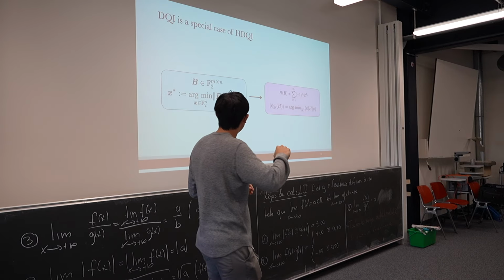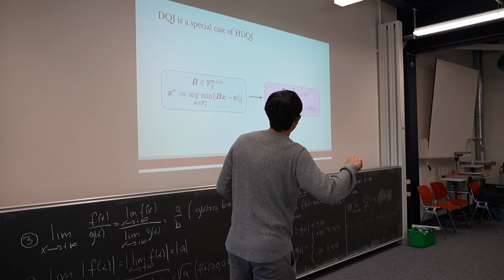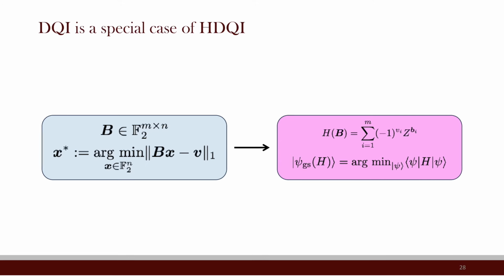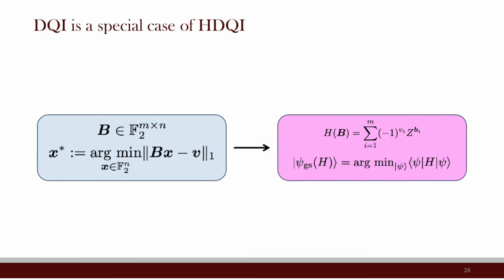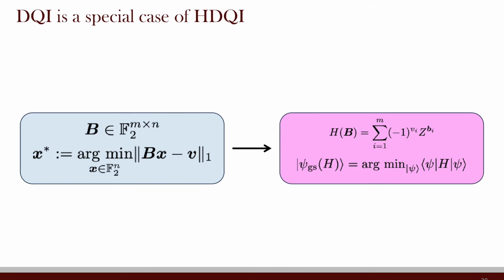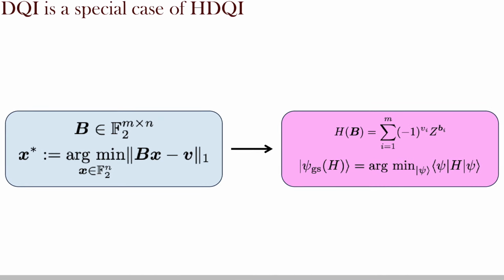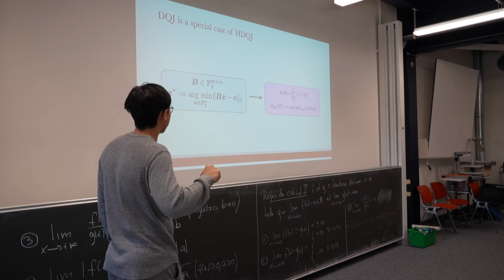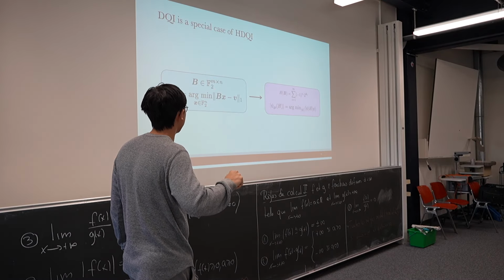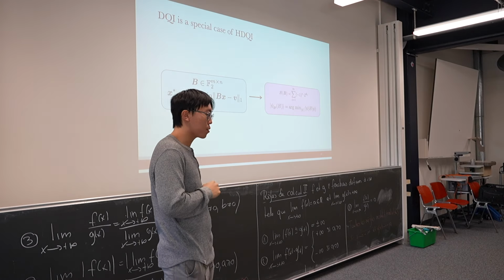And what we'll do is we will just map this into a Hamiltonian. The rows of B become Z Paulis, and then the signs are encoded by the targets in the I here. And now, it turns out that finding the ground state of this particular Hamiltonian that we've constructed is exactly the same thing as finding this optimum of the max XOR set problem.